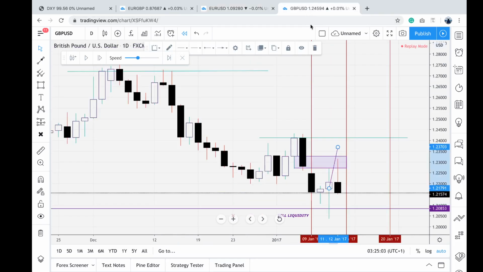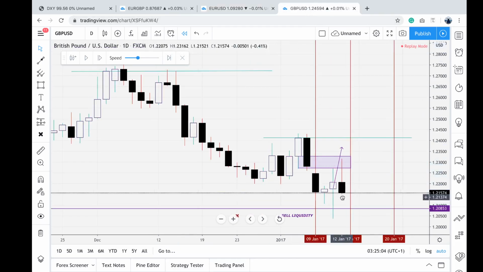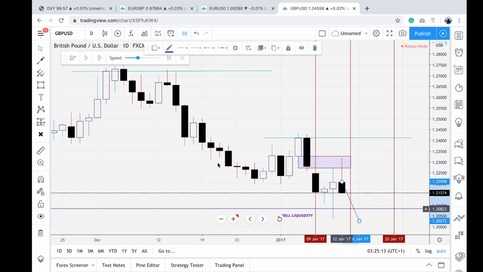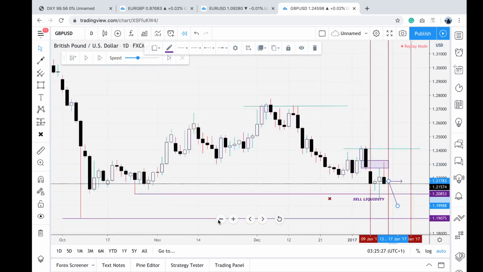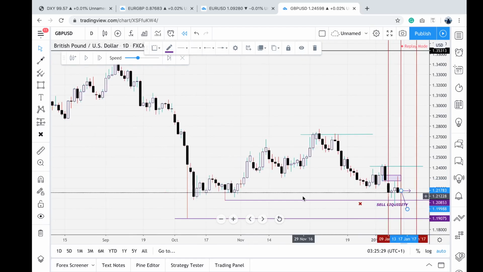So for British pound, US dollar, we could see potential bearishness if we're expecting slight correction on DXY. So we're looking for slight correction. So we see bearishness off the open of this daily bearish order block. Okay, so you can see price retrace into that open and then drop down.